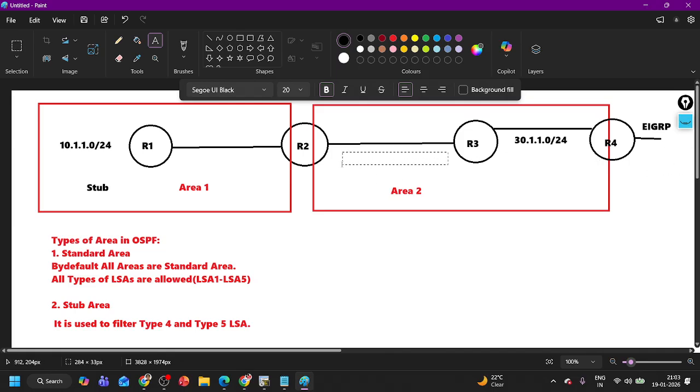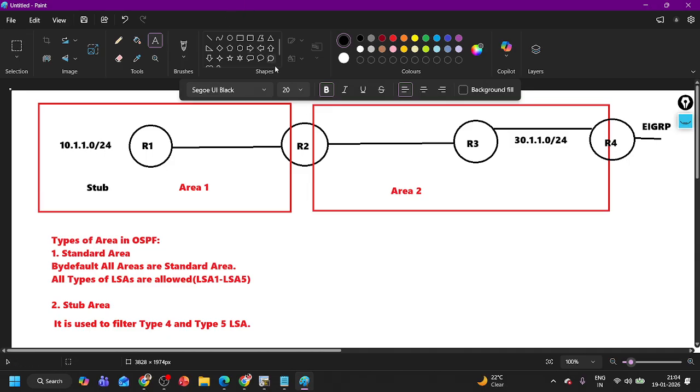Router 3 will forward that LSA 5 to router number 2, but router 2 cannot forward it into area 1 because area 1 is a stub area. So can area 1 learn EIGRP routes? No. Then how will it forward the traffic?